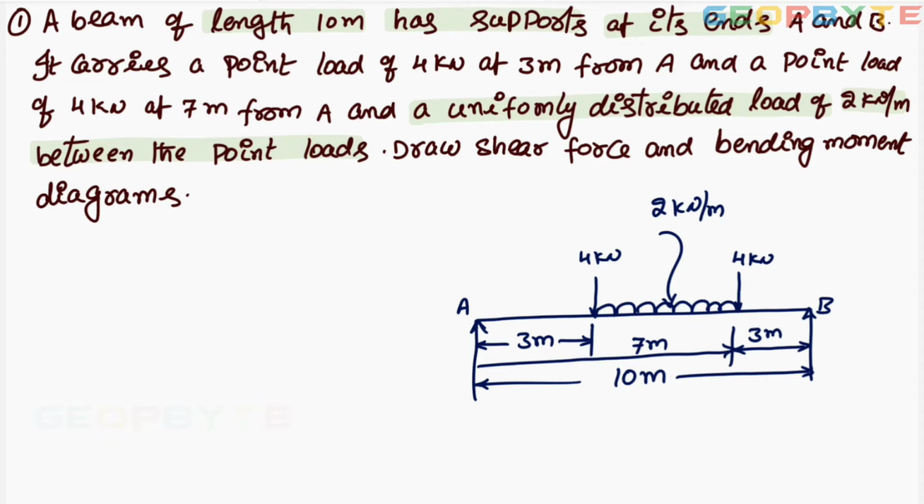Look at the diagram. Loads are acting at the same distance with the same magnitude of the loads. Therefore, definitely for this case, reaction at A equals reaction at B, both are equally sharing, RA equals RB.